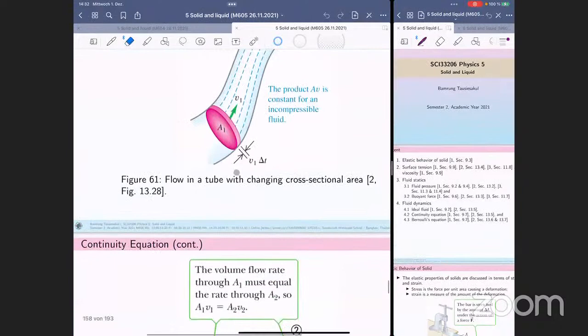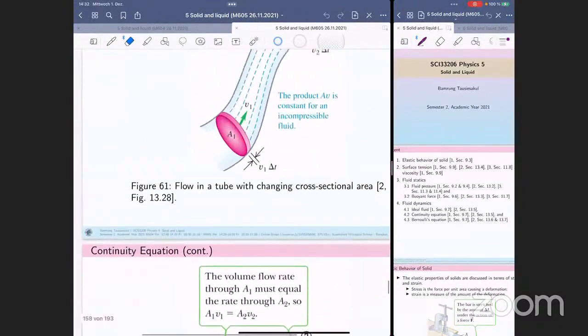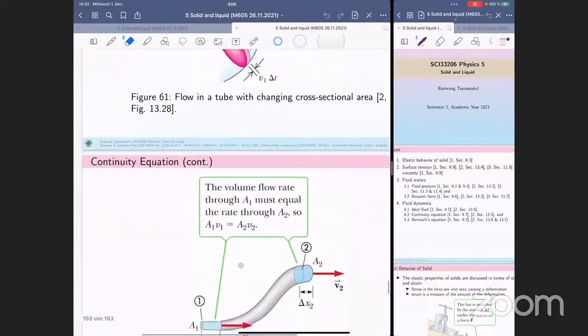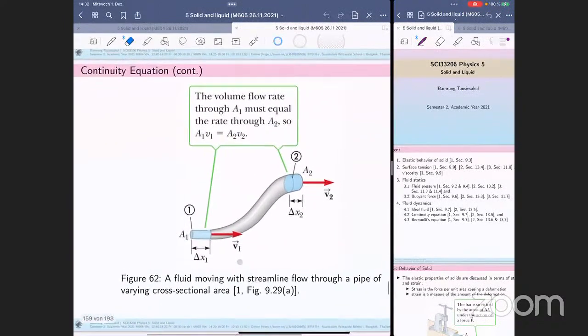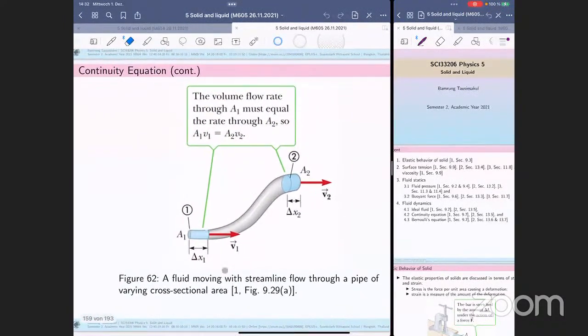Let's move to the next figure. This is the figure taken from the book number 2, and here is the same diagram taken from the book number 1. It just explains exactly the same thing, but with different variables. The thickness here is delta x1.